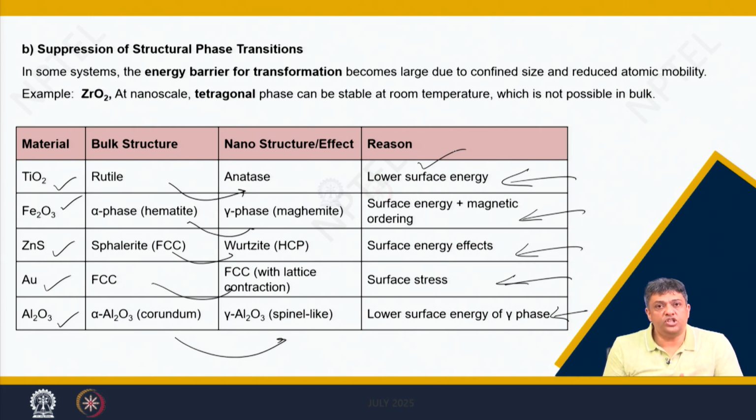You can have a combination of surface energy minimization plus magnetic ordering, which we will talk in terms of elongated grains in later part of this lecture series. You can have surface energy effects, you can have stress induced phase transitions or modulations in the crystal arrangement, or just because you want to minimize the energy, you will go to a new crystal arrangement.